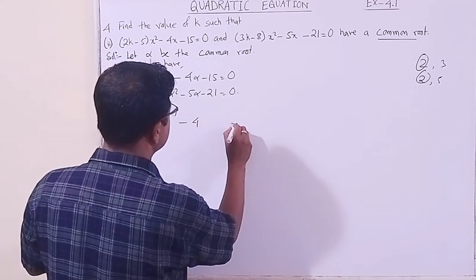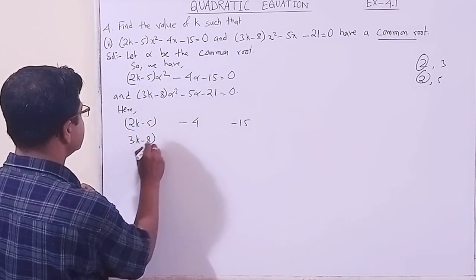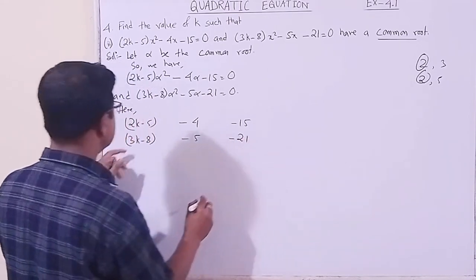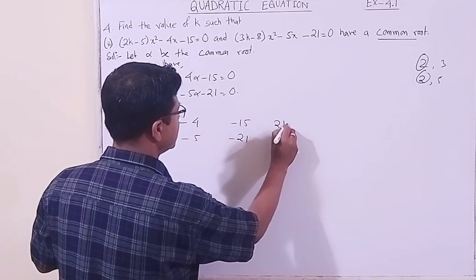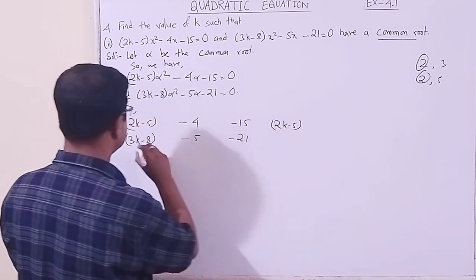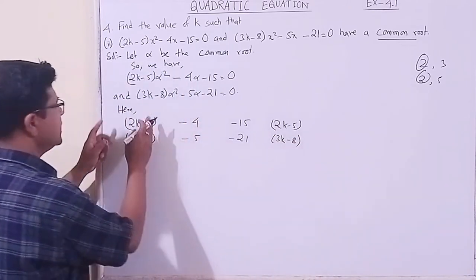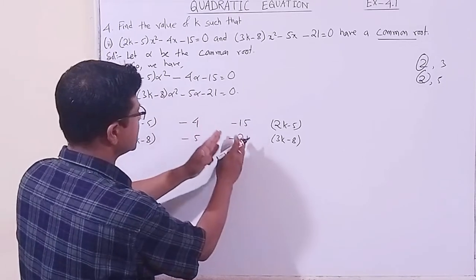Constant term minus 15. Here 3k minus 8, minus 5, minus 21. We will start and close with 2k minus 5 and 3k minus 8. So these are the coefficients of alpha square, these are the coefficients of alpha, and the constant term.